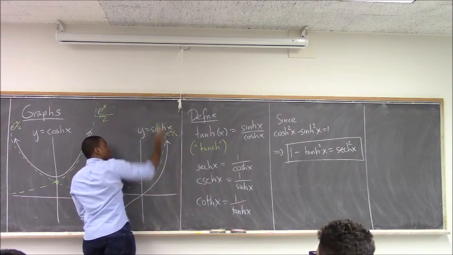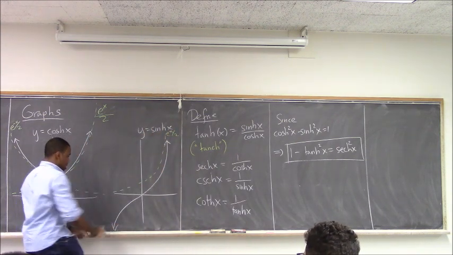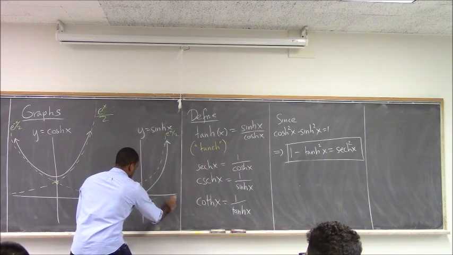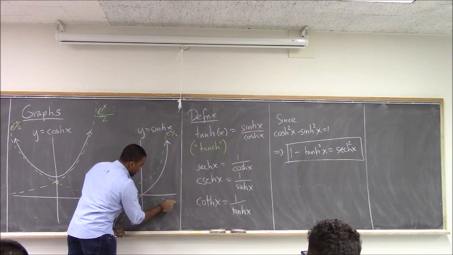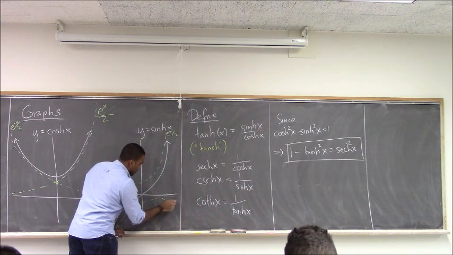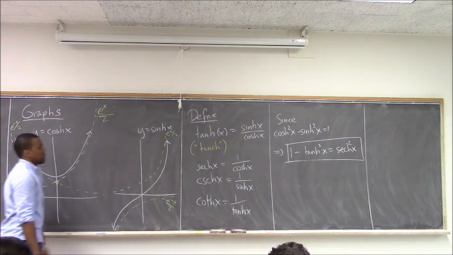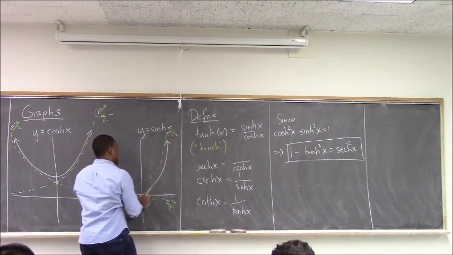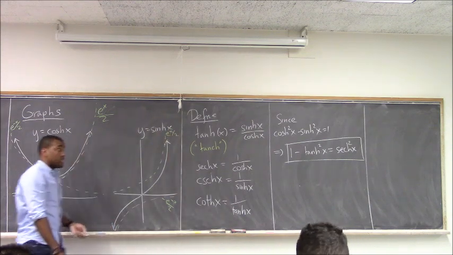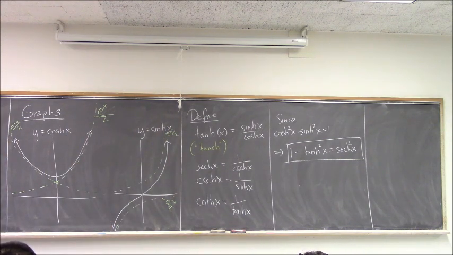So that also increases like an exponential. And below that, this guy is asymptotic to minus e to the minus x over 2. Right? So it looks like an x cubed, but it actually increases at the rate of e to the x over 2. So those are what the graphs look like.